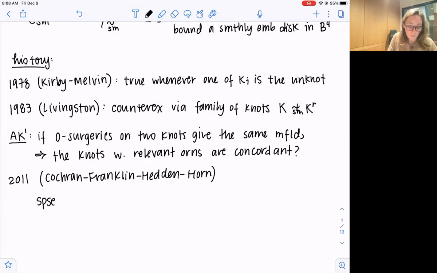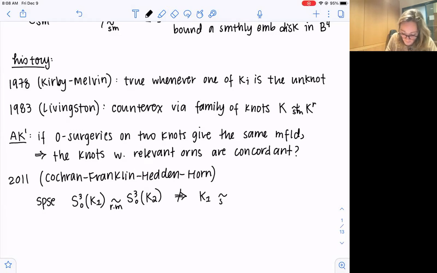Suppose instead of being homeomorphic, our zero surgeries share the following relationship, that they are homology cobordant relative to meridian. I'll give you that definition in a moment, but they showed that this relationship is not strong enough to imply that the knots are smoothly concordant. And so what is this relationship?